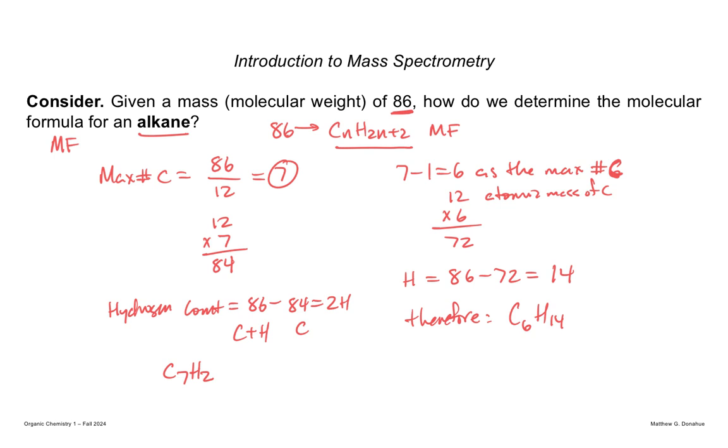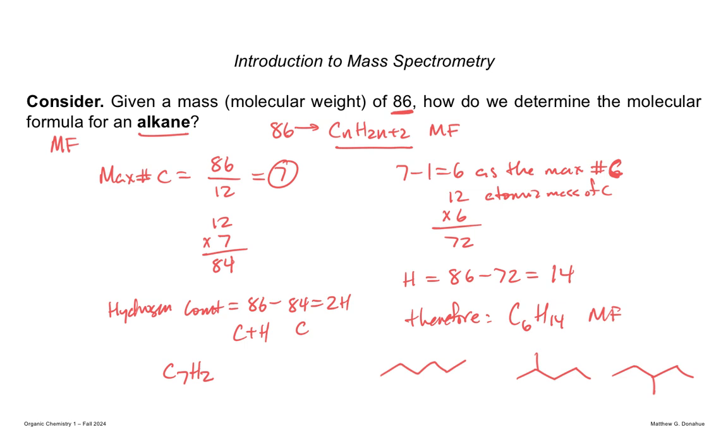And as we saw in module 1, from this molecular formula, you could draw a linear constitutional isomer, or you could start drawing branched constitutional isomers.